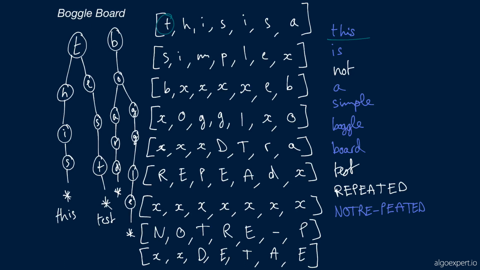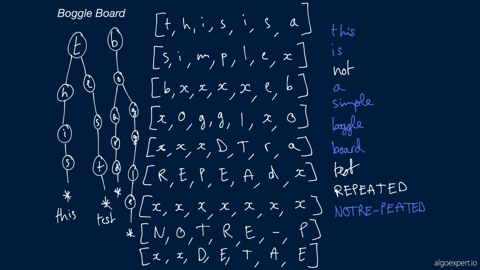We iterate through the first one, we've got this, no, no, no, no, no, no, this, no, no, right? Instead of doing that, let me undo all of that. Instead of doing that, we can just say, is T in the root node of our tree? Yes, it is. Okay, great. We've got a potential word.